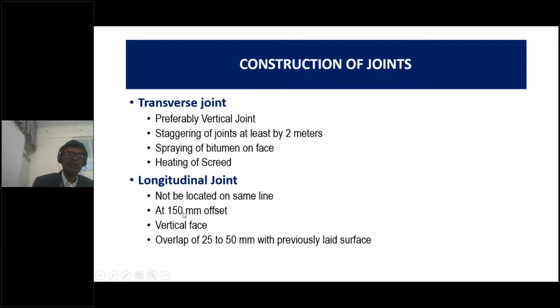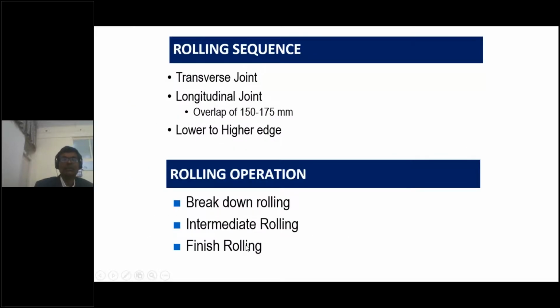In the bottom layer, I should know where the longitudinal joint is. When I am paving the top layer, I should have an offset of at least 150 mm. Otherwise, as such, a joint is a weak plane, and if the bottom longitudinal joint and top longitudinal joint come in the same place, then it's vulnerable to failure. And for overlapping, generally people follow 25 to 50 mm.